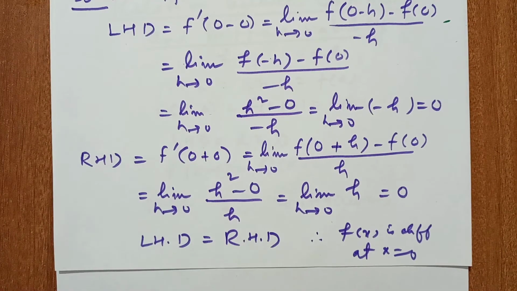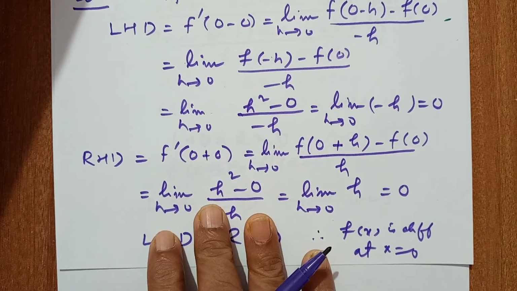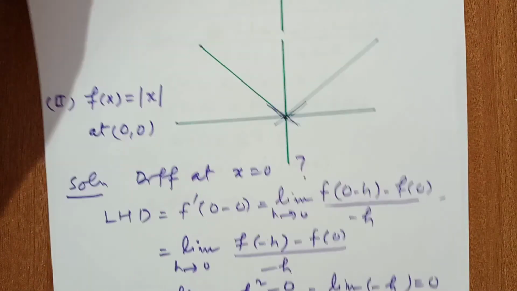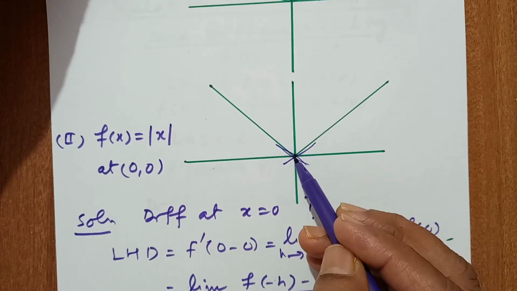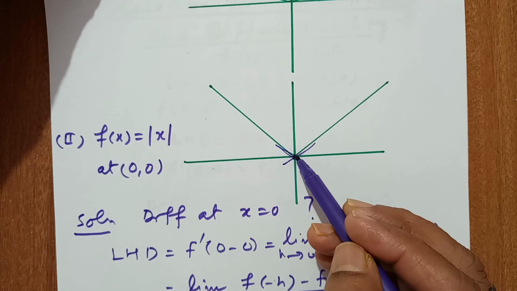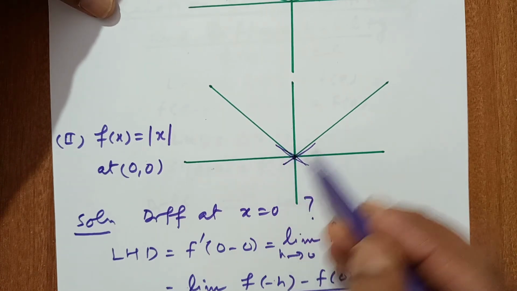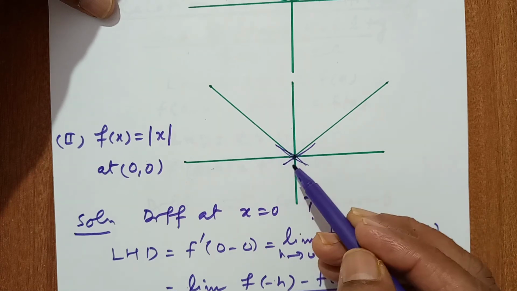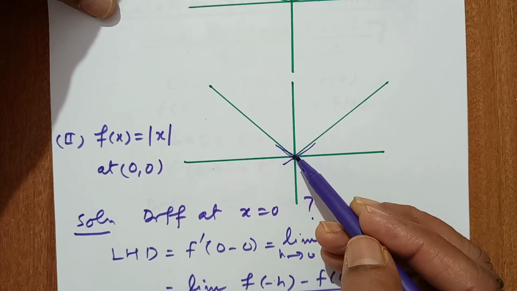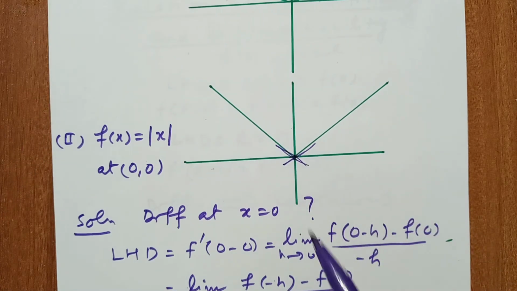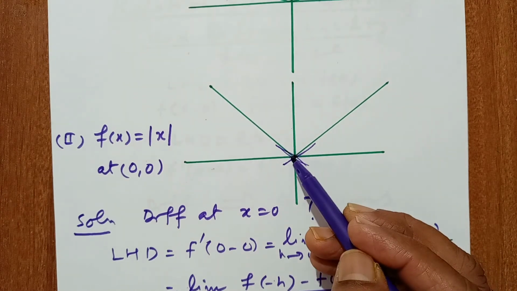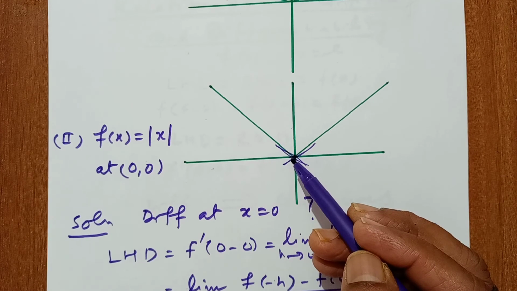I have explained here what this means. At x is equal to 0, if we draw tangents, the left hand tangent and right hand tangent are not coincident. If a function is differentiable at any point, then at that point both tangents are coincident.